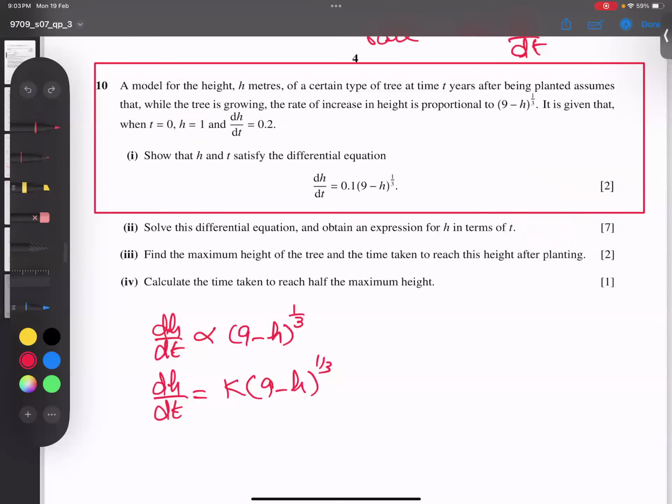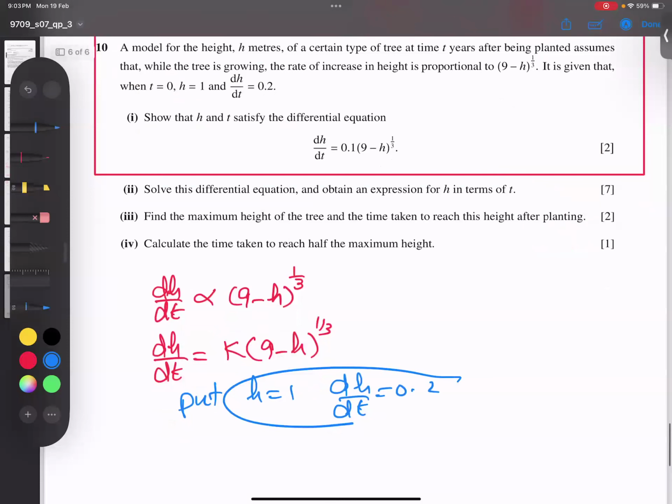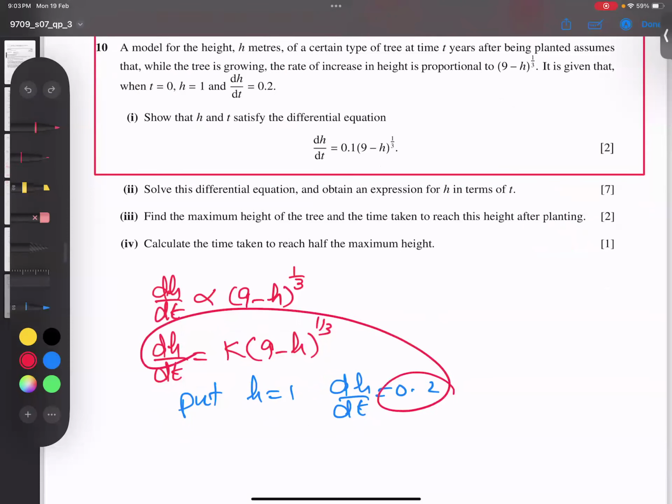And now I will use what? I will use these 2 data only here. So I plug in what? I plug in here, I put here h equals 1 and dh by dt is equal to 0.2. You can see both values given here. So when I put this value here, 0.2, when I plug in 1 here, so 9 minus 1 and 1 over 3.